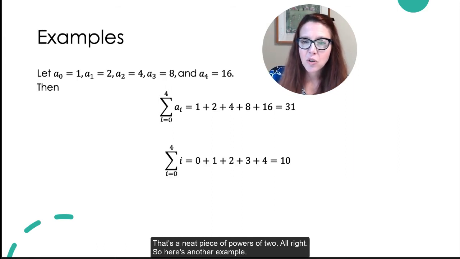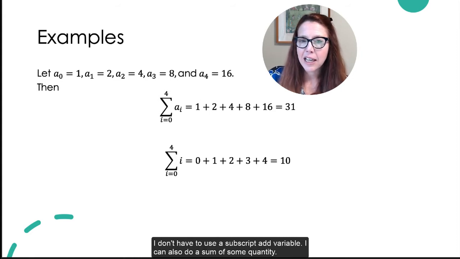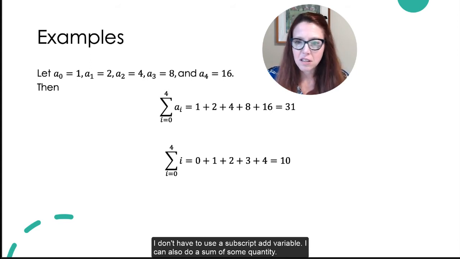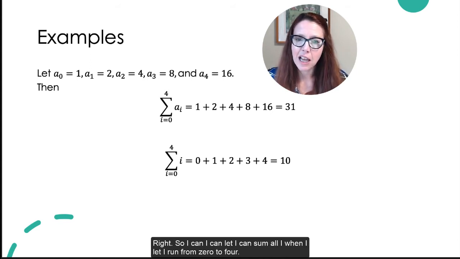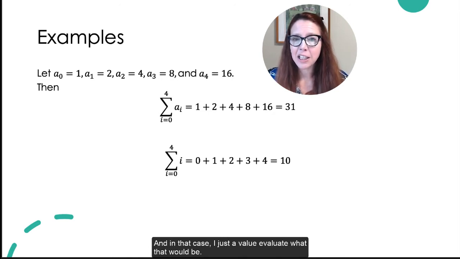All right, so here's another example. I don't have to use a subscripted variable. I can also do a sum of some quantity, right? So I can sum all i when I let i run from 0 to 4. And in that case, I just evaluate what that would be.